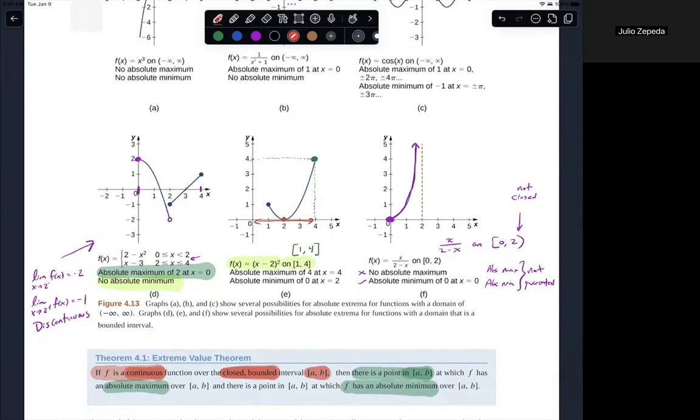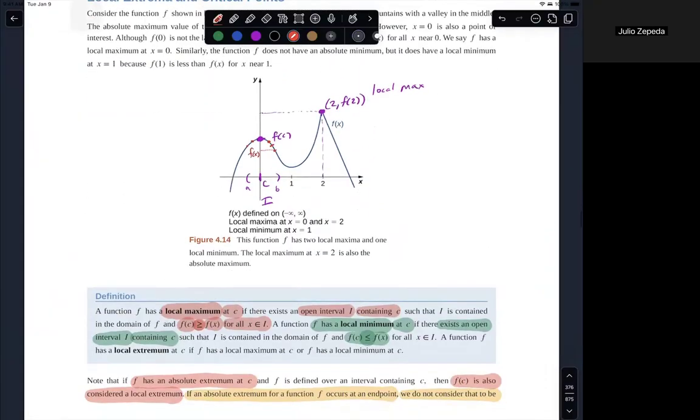A local minimum or local maximum can only occur when the slope of the tangent line is equal to 0 or if the slope of the tangent line is undefined. Now, the slope of the tangent line being equal to 0 is not enough to tell us that a local extreme value will exist, but it is a necessary condition.